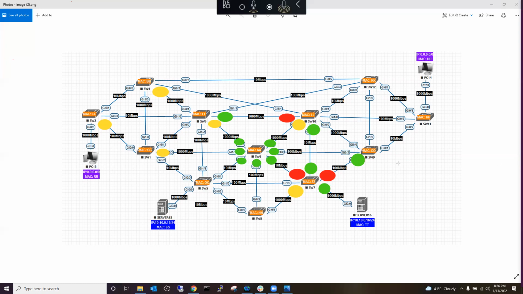Let's see why. So which one is why? What gigabit is this? Let's see.